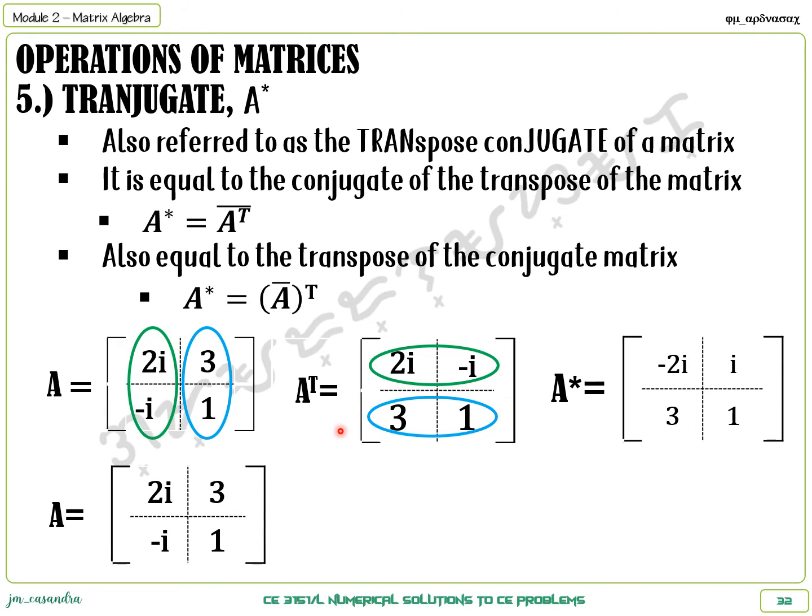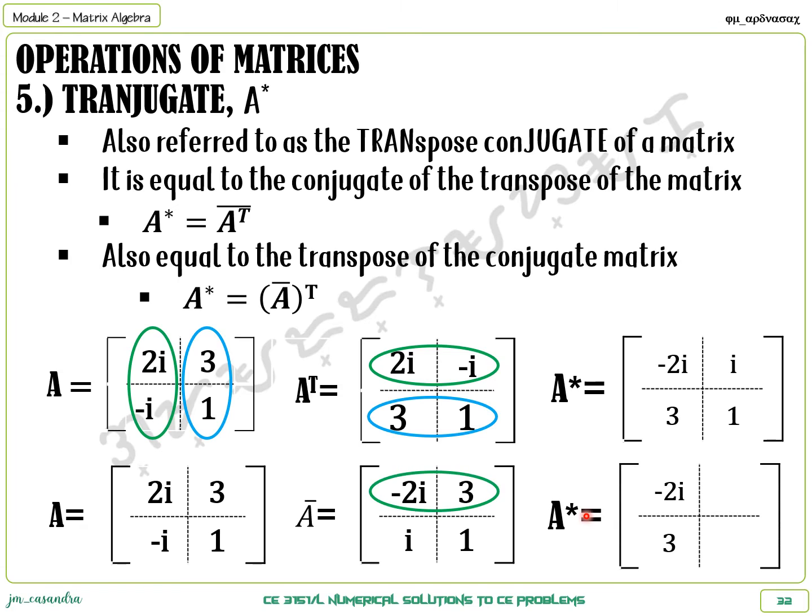Another way, instead of taking the transpose first, you can get the conjugate first, in which we'll have now negative 2i, 3, positive i, and 1. Then once you have taken the conjugate, we can now apply our transposition.